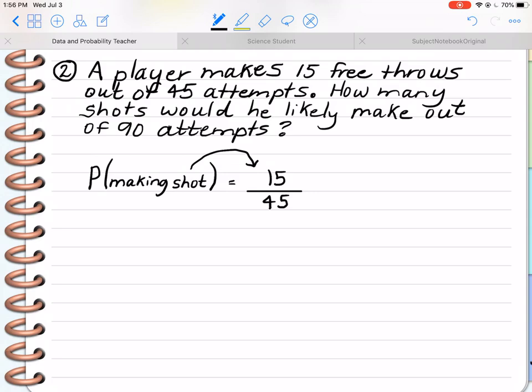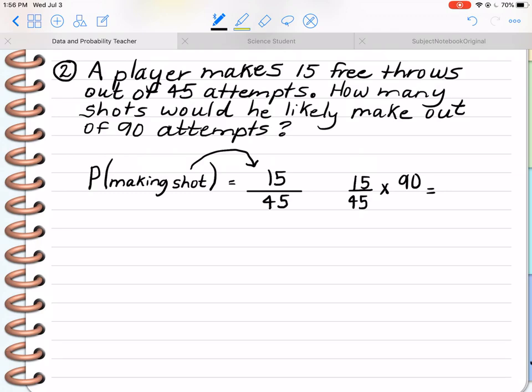That is your probability. And you could simplify it down to 1/3 if you wanted, but it's not necessary, because I'm going to take the probability times 90, because we want to predict how many shots out of 90 this person will make.